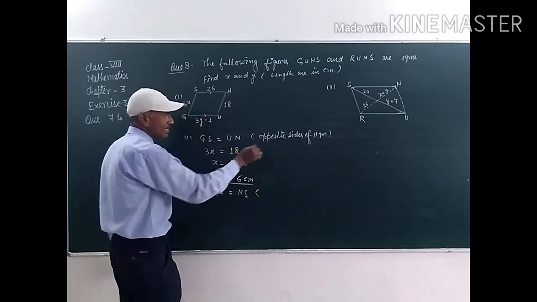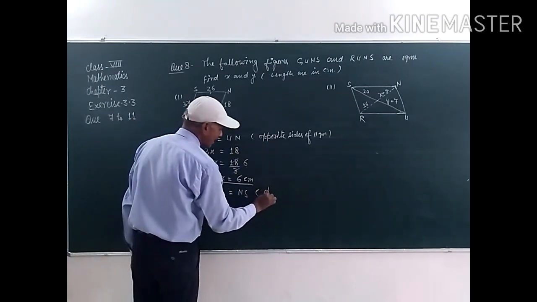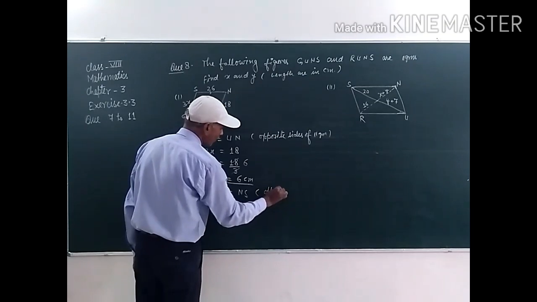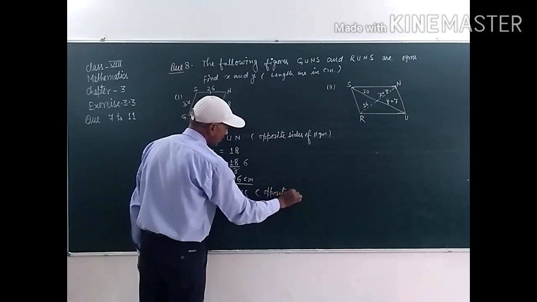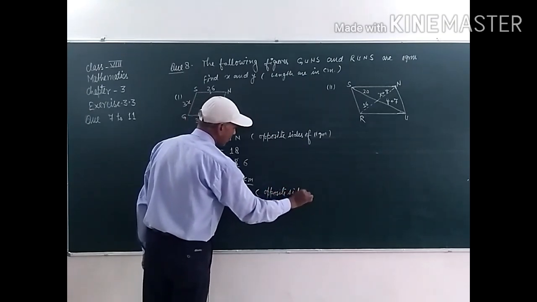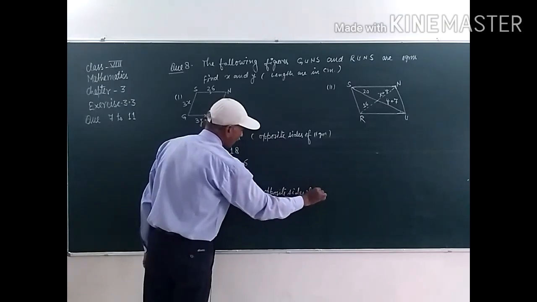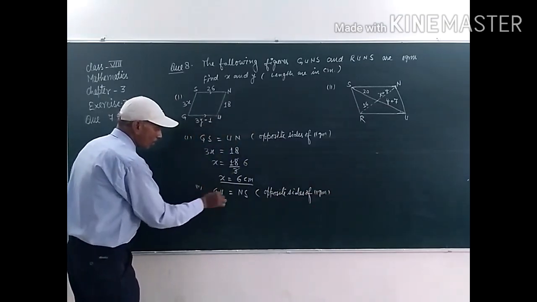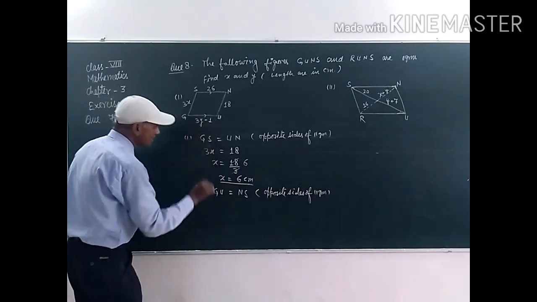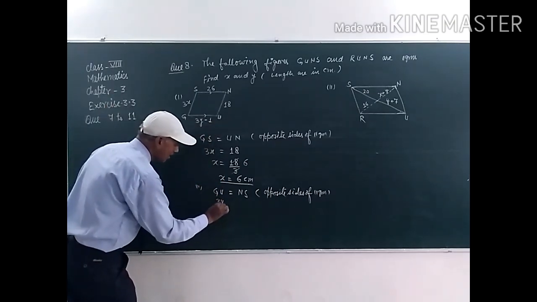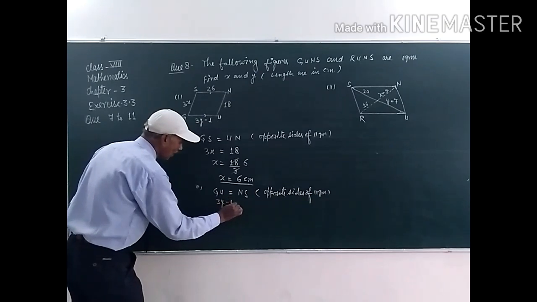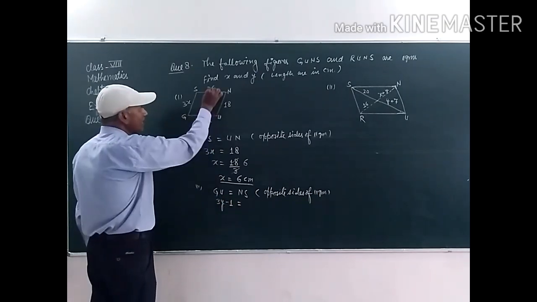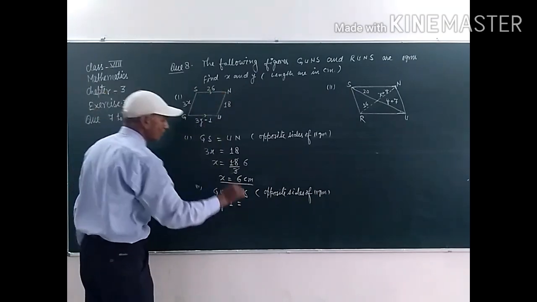Why? Reason is the same, student, opposite sides of parallelogram. Now value of GU, that is 3y minus 1, is equal to NS. This one is 26.